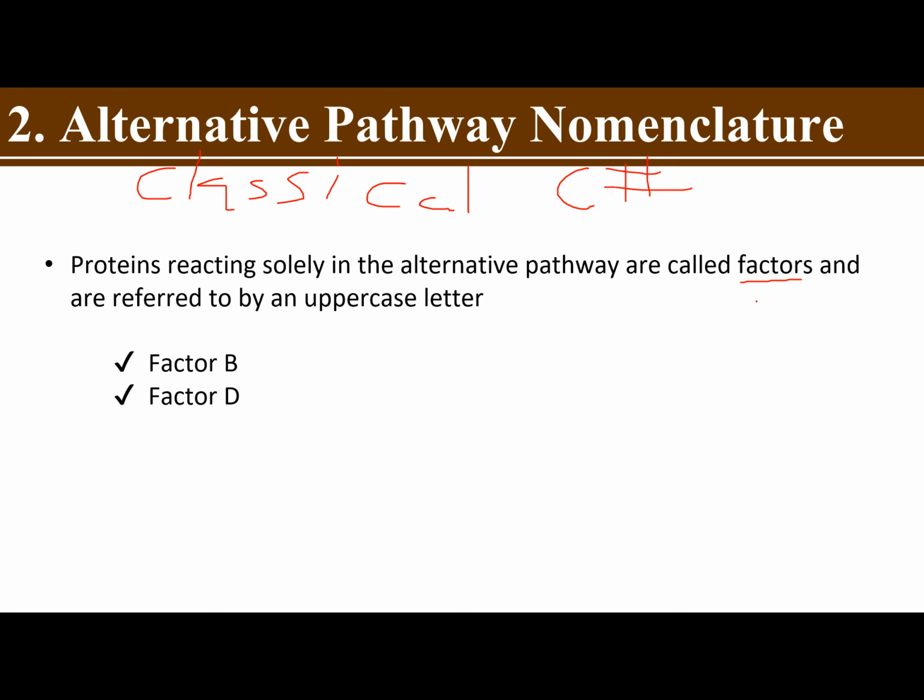For the alternative pathway, you're going to use factor, followed by an uppercase letter. So we have factor B and factor D. So I hope that was clear. For the alternative pathway, you would use the word factor, followed by the big letter B and big letter D.